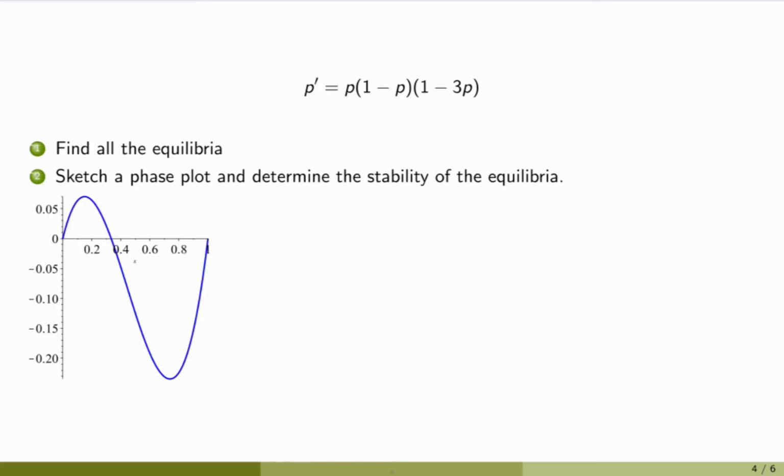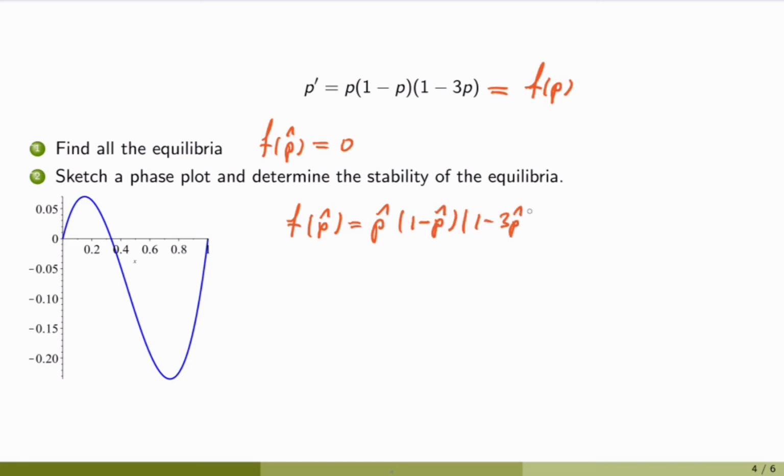Here's the differential equation again. Find all the equilibria. So first we need the function f. So f of p is the right-hand side, and we need to solve f of p hat is equal to 0. So let's do that here. F of p hat is p hat times 1 minus p hat times 1 minus 3p hat, and this is supposed to be 0.